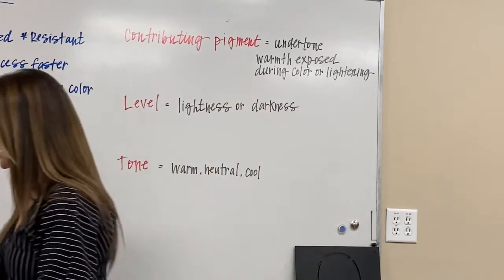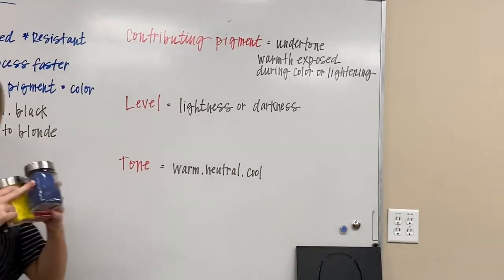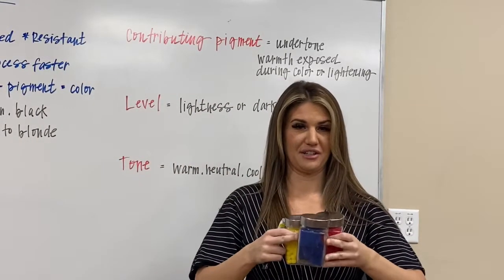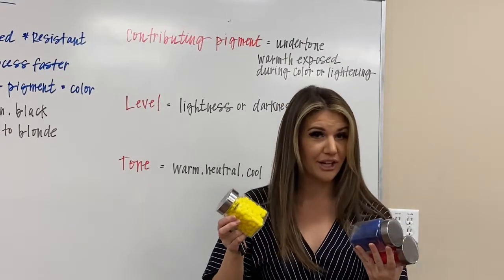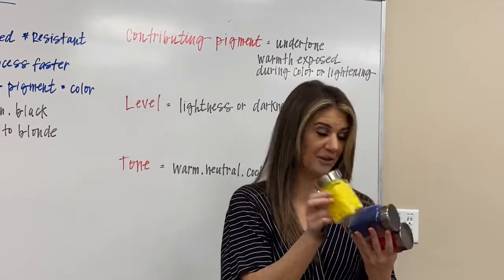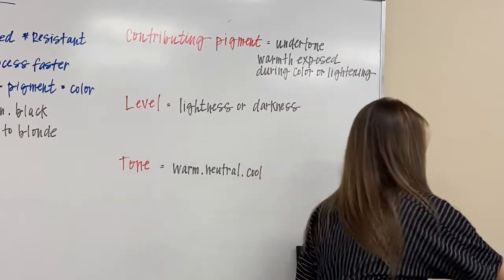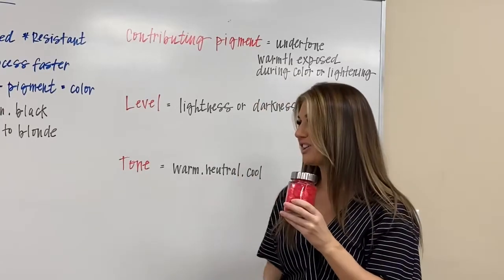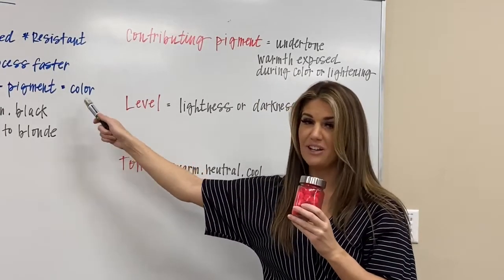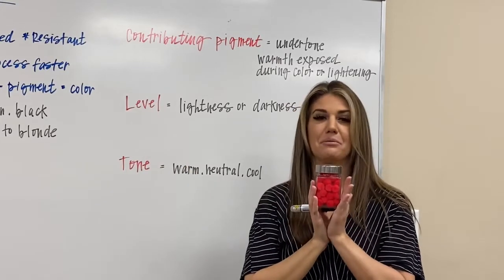Because everybody's hair is made up of these three colors. You might be familiar with them from when you were a toddler. So, yellow, blue, and red. When our client has that eumelanin, darker hair, their predominant undertone is going to be red.